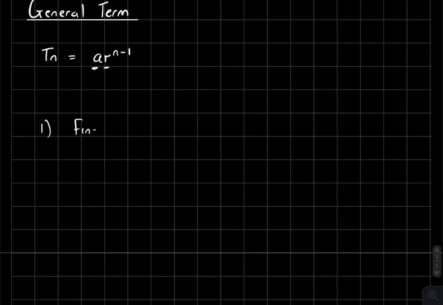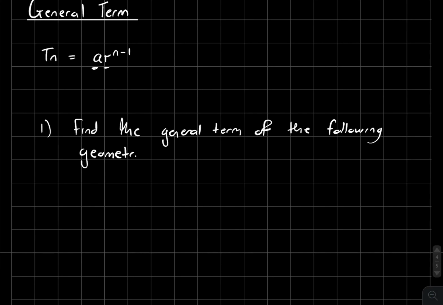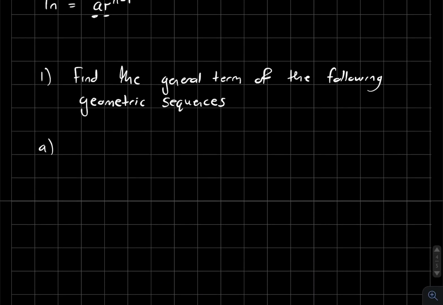Let's say we have, find the general term of the following geometric sequences, because we're going to do a few. Okay, so the first one, let's say we have 4, 8, 16, 32, so on. Very simple one.